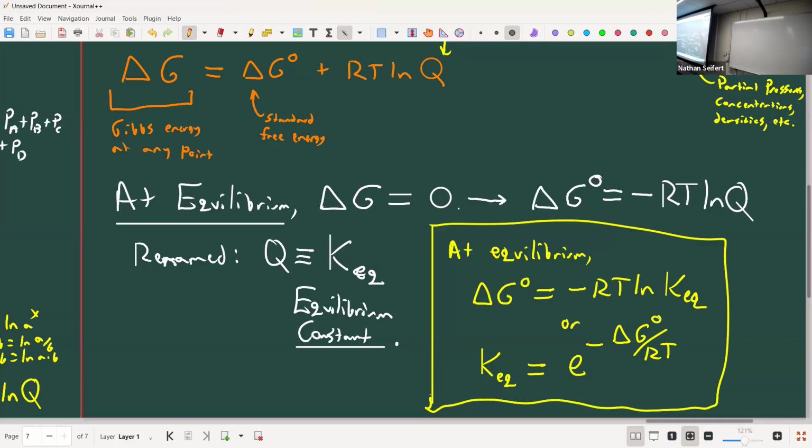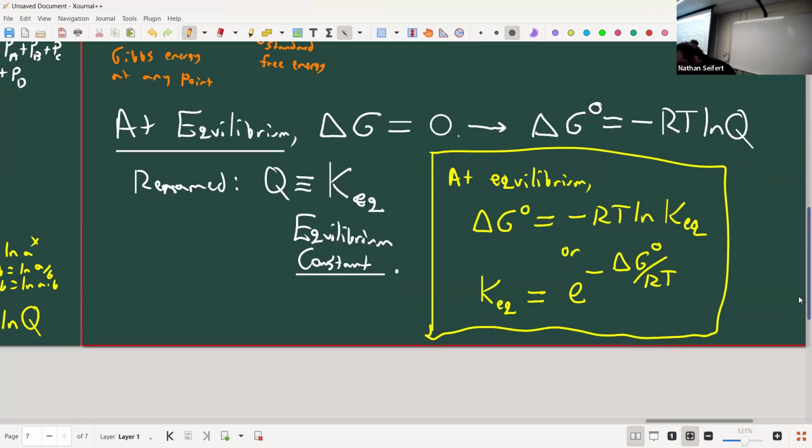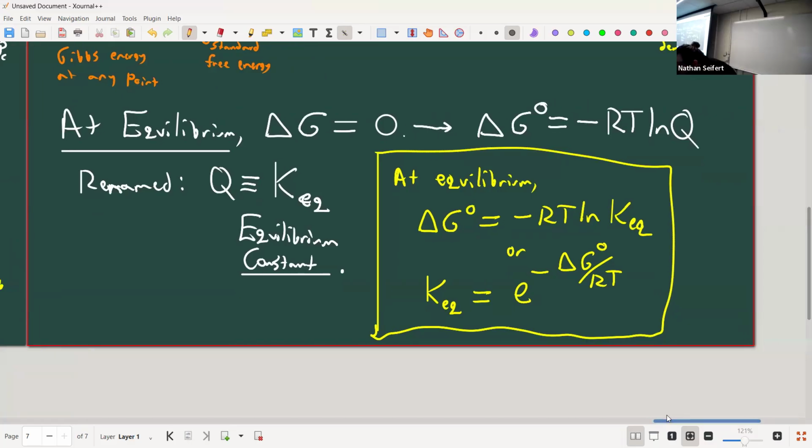It's the fraction of products over the amount of reactants you have, kind of. Some fraction. And what it says is that the fraction of products relative to reactants is equal to e to some minus energy over RT. This looks like the Boltzmann equation, and it is. This is just a restatement of the Boltzmann equation for a system at equilibrium, or sorry, at constant temperature and constant pressure. Right? This is just Boltzmann's equation.